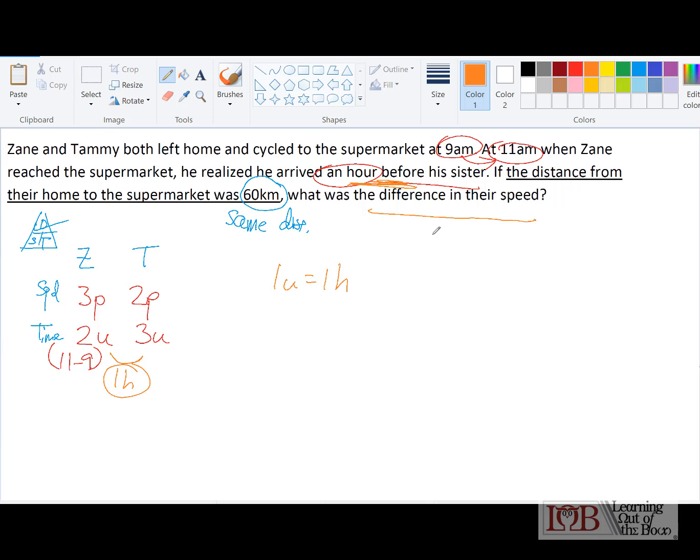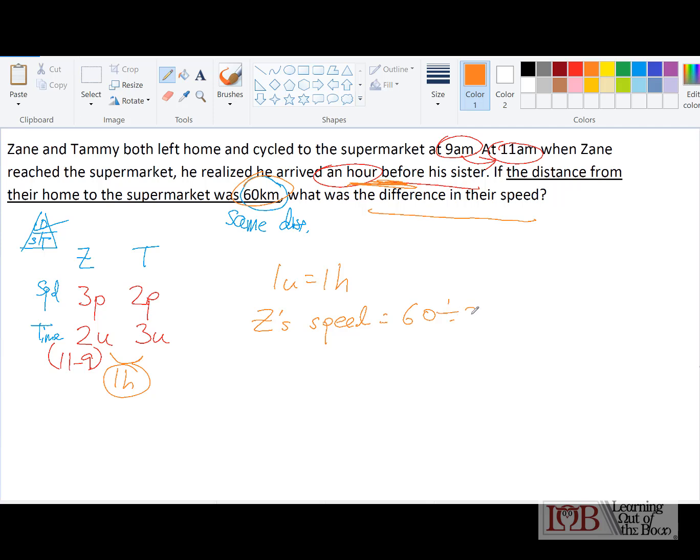So what we can do here is we can actually find the speed, which is 60, which you have here. And to find speed, again, you can use the triangle, distance over time.